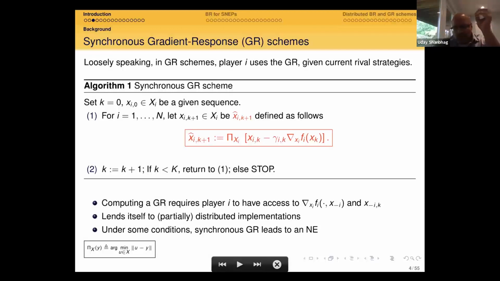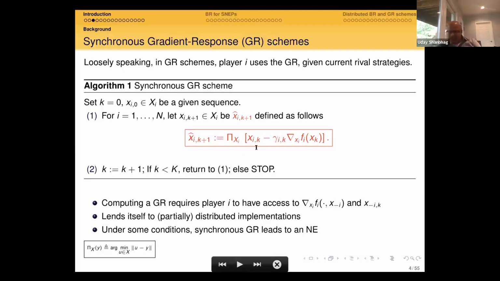One of the simplest known schemes for computing Nash equilibria for these types of convex games is the synchronous gradient response scheme. This can be very easily articulated as follows: given a starting point for each player in their individual sets, every player updates her own strategy by taking a projected gradient step.